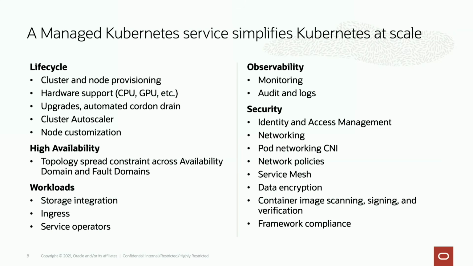So in OCI, for example, we have availability domains, we have fault domains, and so your clusters take advantage of the way the cloud is built, and that brings higher availability to your applications. And then the workloads benefit from the storage integration with what the cloud provider is bringing.